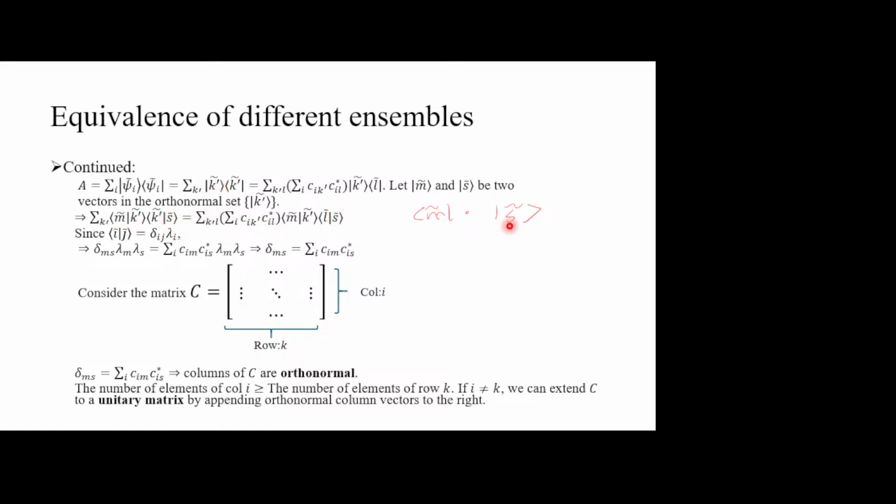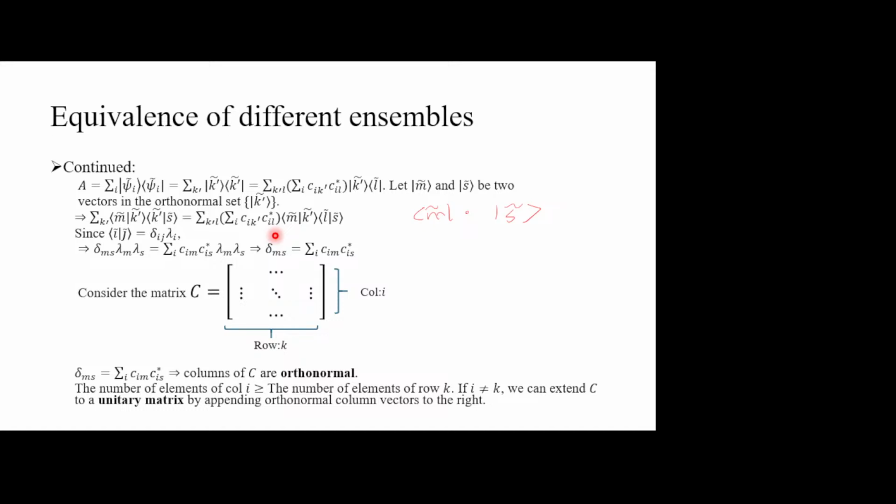And here similarly we have m tilde sandwiching the matrix part and s tilde. Now remember m tilde and s tilde are two different vectors in this state, also normal state k prime tilde.